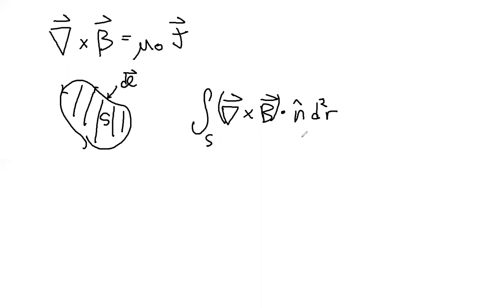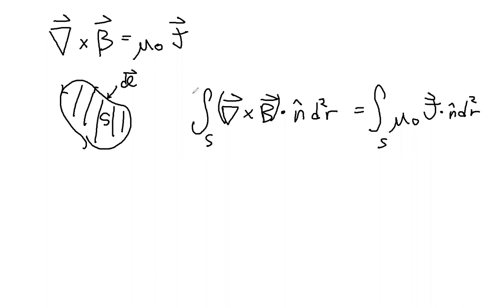So we're integrating this over the surface. This equals the integral of mu naught j dotted into the surface normal integrated over that surface, which sometimes you write as ds, but if you're feeling appropriately pedantic, you can write it as d2r.